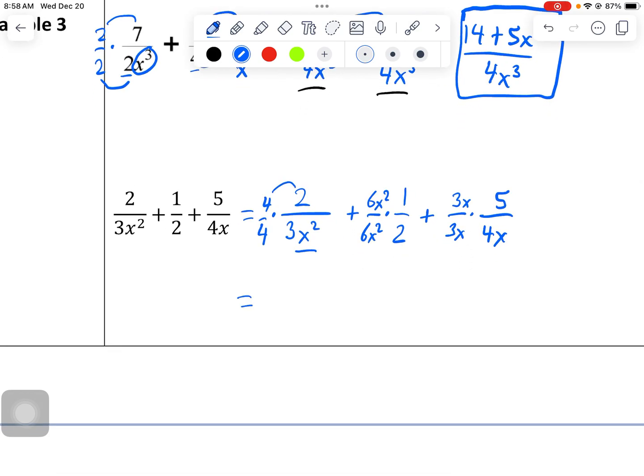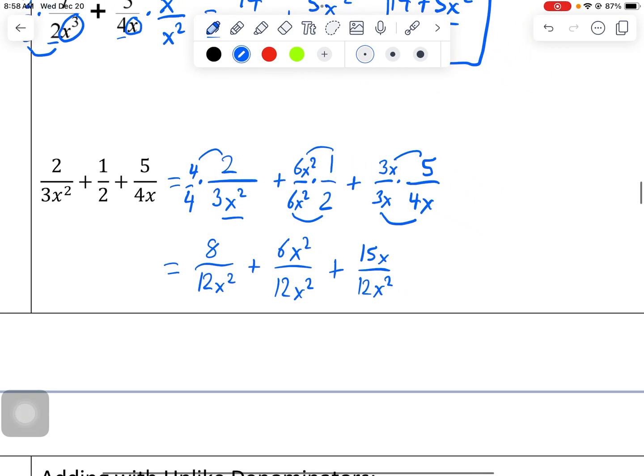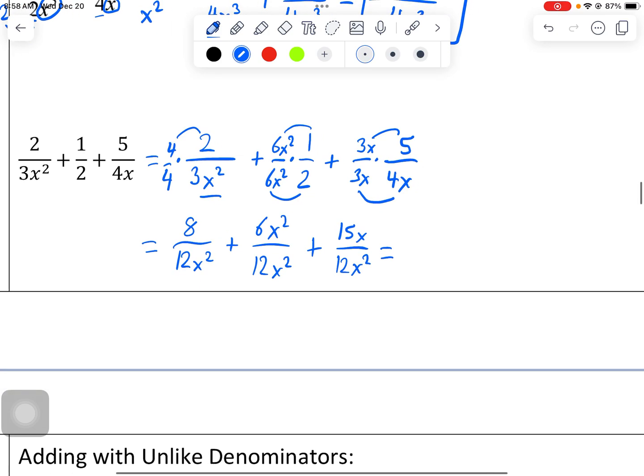Okay, so now 4 times 2 is 8 over 12x squared. This one, multiply the top, we get 6x squared, and then if done correctly, we should see another 12x squared, which we do. And then 3x times 5 is 15x, and then 3x times 4x is 12x squared. So we do see that common denominator, so we know that we were on the right track.